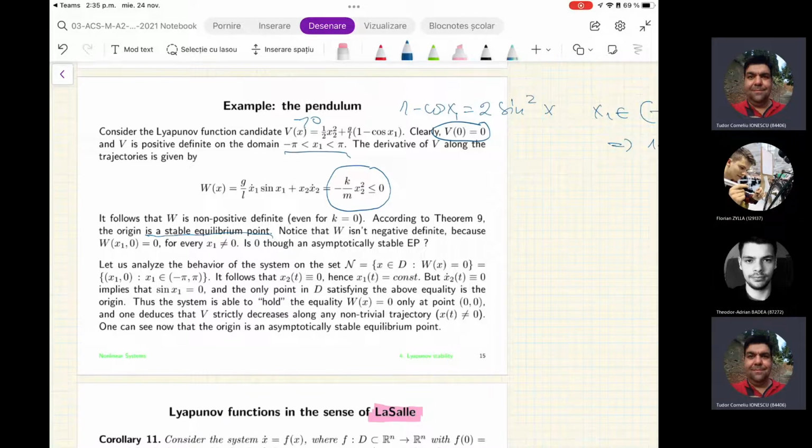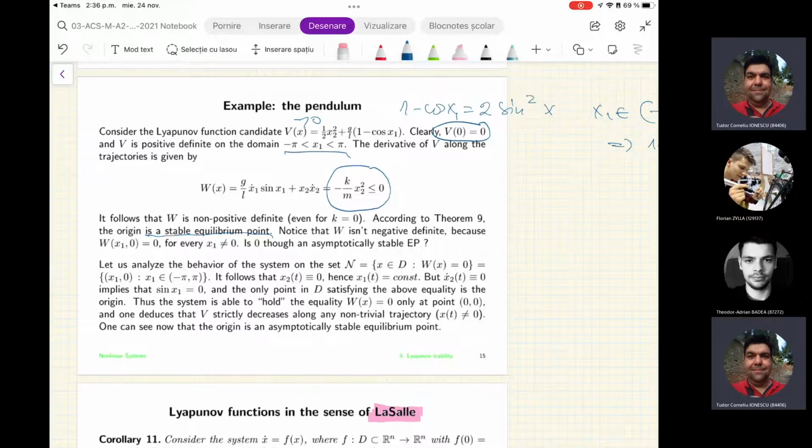Adding them up together, you can easily build a positive definite Lyapunov function, and then we assess the dynamics of the energy with respect to time. Clearly, at the origin V of 0 equals 0, and V is positive definite on the domain between minus pi and pi, because x1 is an angular position.